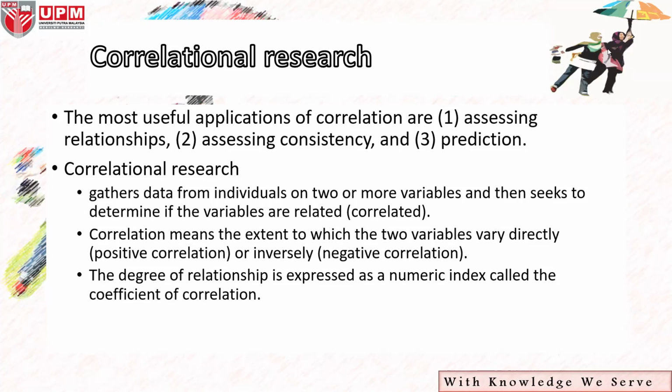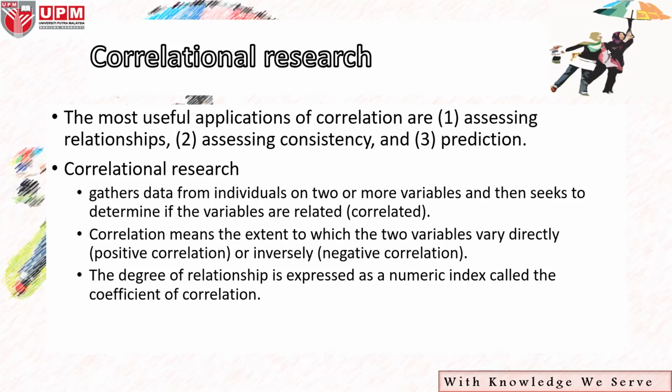So correlational study basically will be connected, sama sebenarnya. Each design in quantitative study will be connected to statistical analysis. If you use experimental, then it will be connected to the type of statistical analysis that involves comparison: t-test, one-way ANOVA, two-way ANOVA.